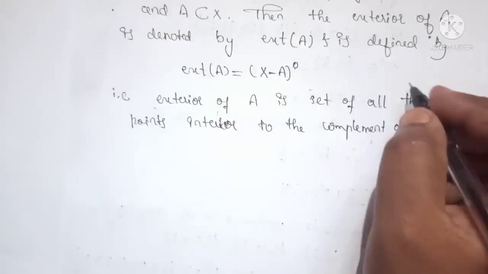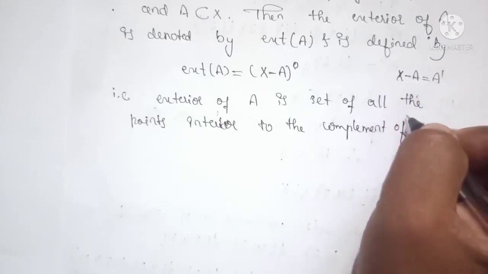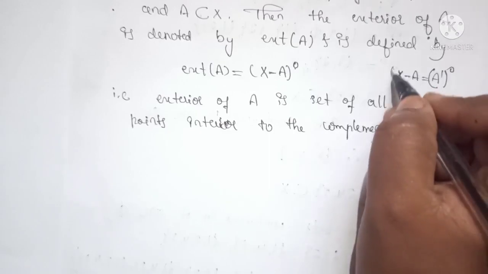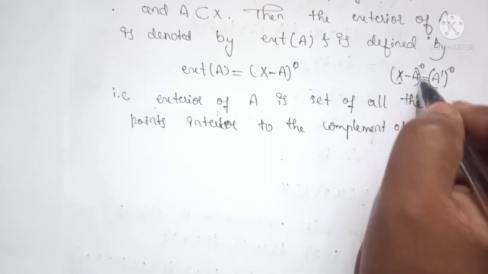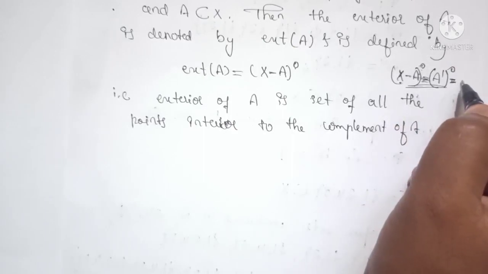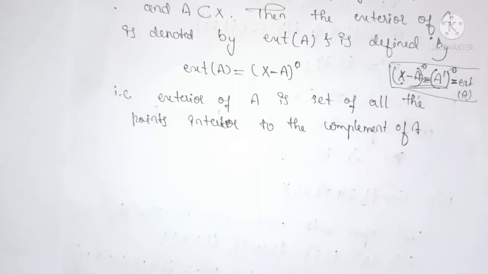X minus A is nothing but the complement. If you take the interior of this A complement, that is (X minus A) interior, that will be A exterior. So interior and exterior both are interrelated.